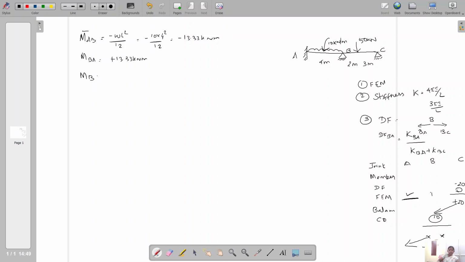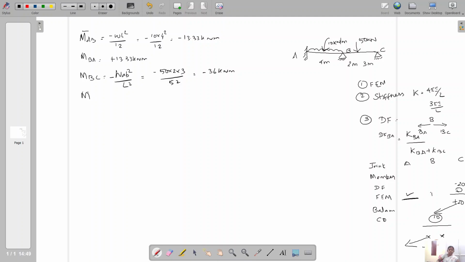And the M bar BC, we have a point load with varying distances. So minus W A B square by L square on the left side, and W A square B by L square on the right side. So minus 50 into 2 into 3 square divided by 5 square, which is minus 36 kilonewton meter.